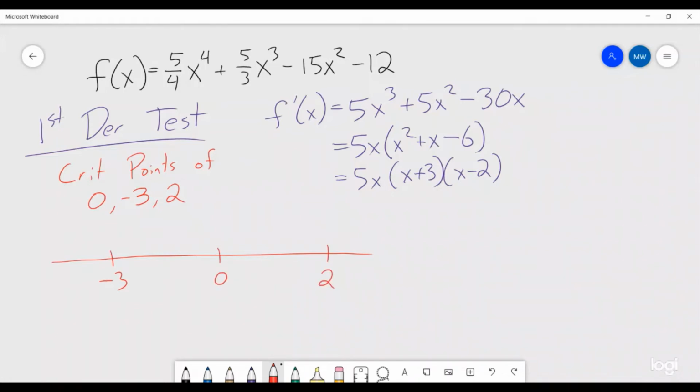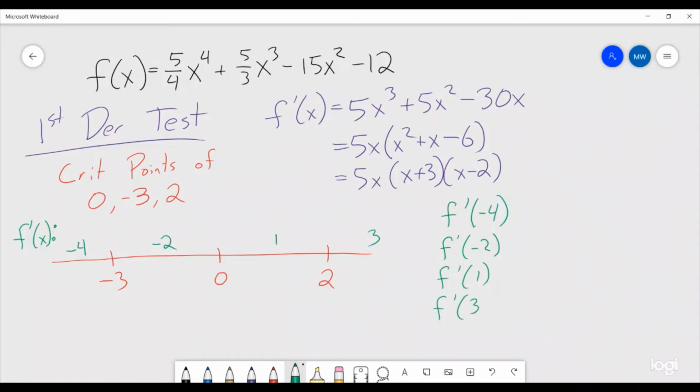So, draw our number line, put those on our line, so we've got -3, 0, and 2. We now need to figure out what is the sign of the first derivative, f prime of x. So let's just pick some values that are in between each of these different regions. So maybe we'll pick -4, -2, 1, and 3. So let's go through and figure out what those values are: f prime at -4, f prime at -2, f prime of 1, f prime of 3.